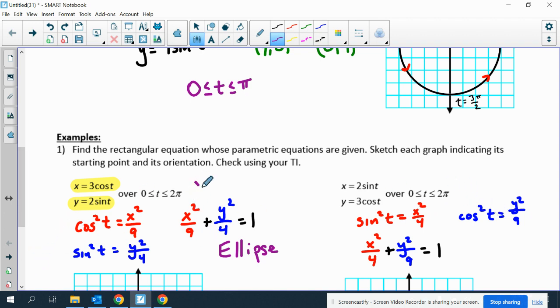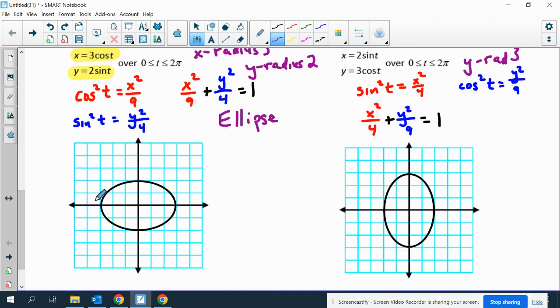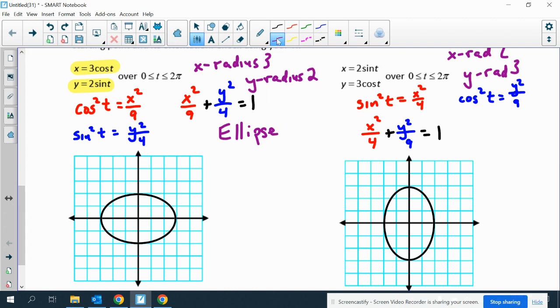This is an ellipse with x radius 3 and y radius 2. Over here, I have the x radius 2 and the y radius 3. So I end up with these ellipses. Now the question is, where is my starting point and what is my orientation?